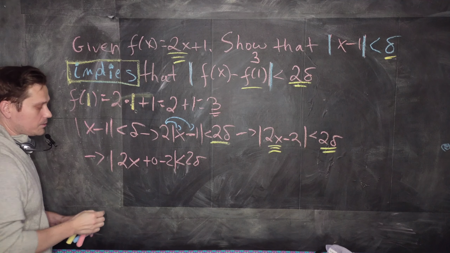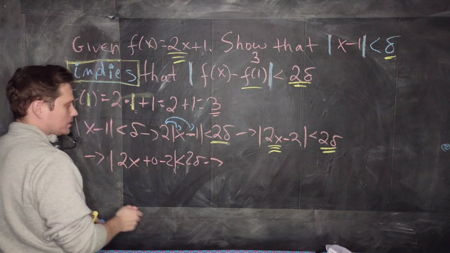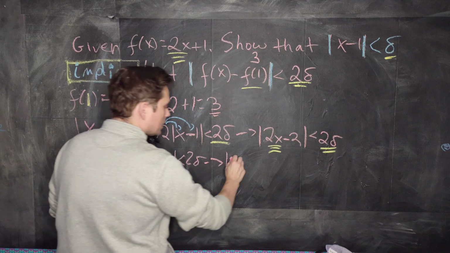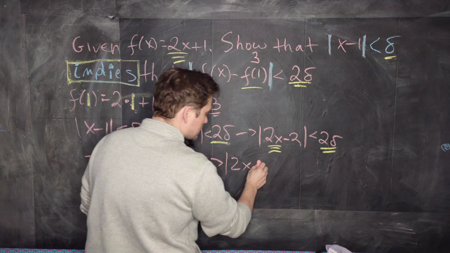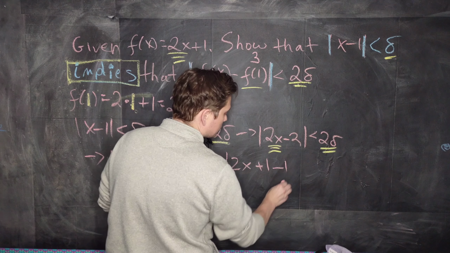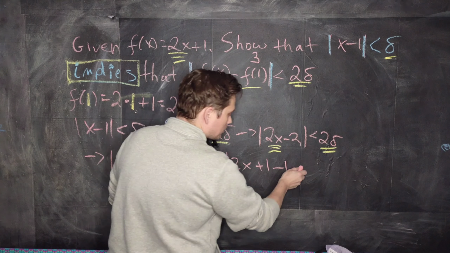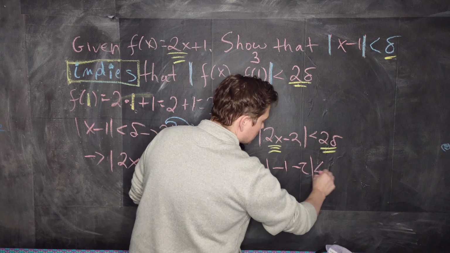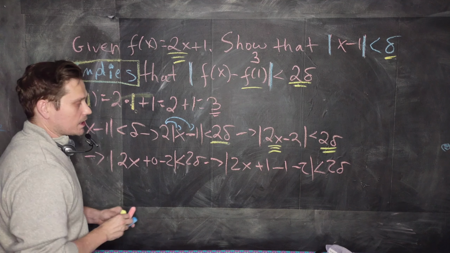Okay, so that means, continuing, I'm going to proceed as follows. I'm going to write this as the absolute value of 2x, and then we write that 0 as plus 1 minus 1. Again, this is allowed because this is just 0, and then minus 2 is less than 2 delta this way. But look how beautifully this is working out now. Why?